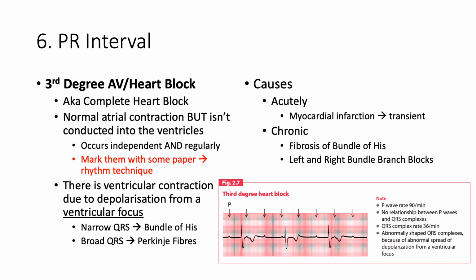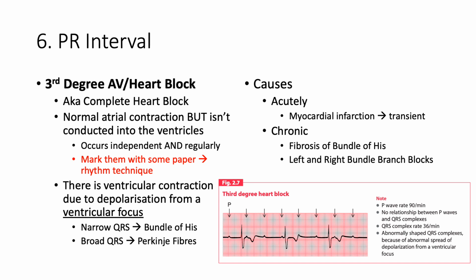So you have the top of the heart, the atria, doing what they want to do, and the bottom of the heart doing whatever it wants to do. So sometimes you can start off and say, okay, that sort of looks normal, and then you get a bit further on, you go, oh, this is not quite right.